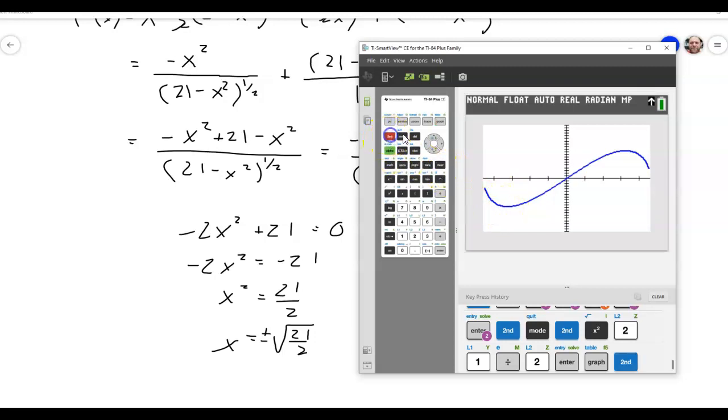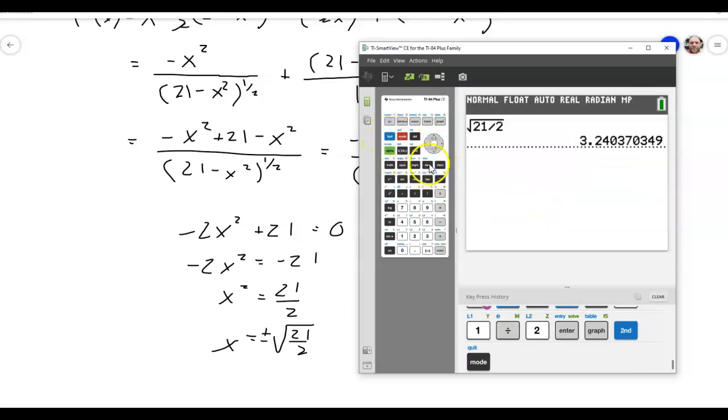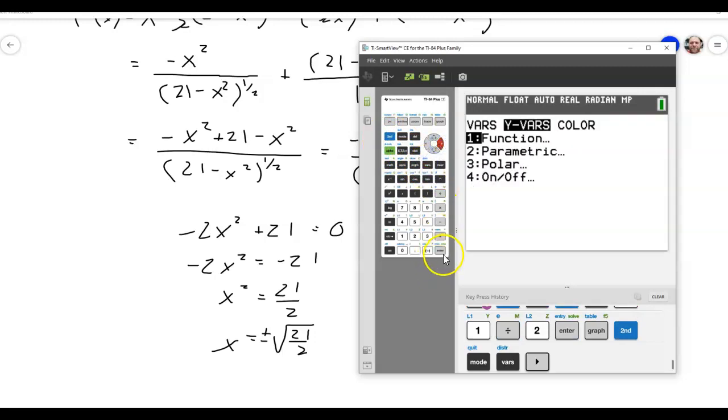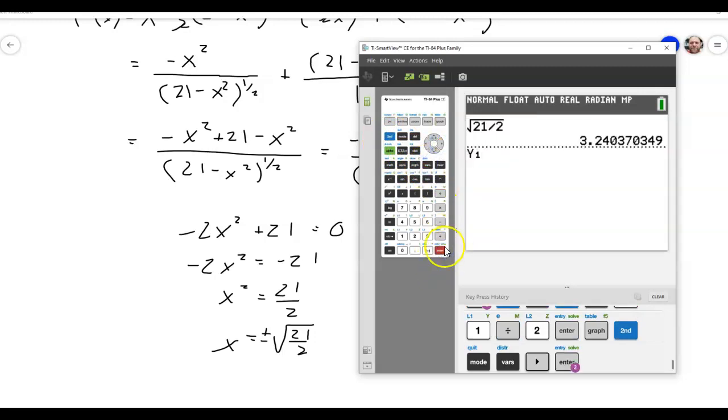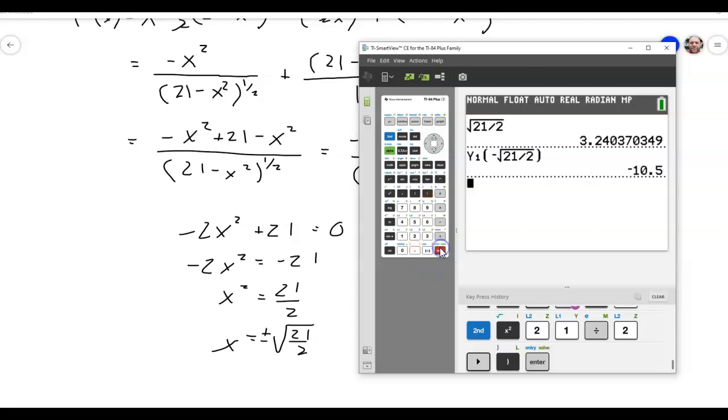Let's just verify that. If I hit vars, function, I want to evaluate this at negative square root of 21 divided by 2. I should get negative 10.5.